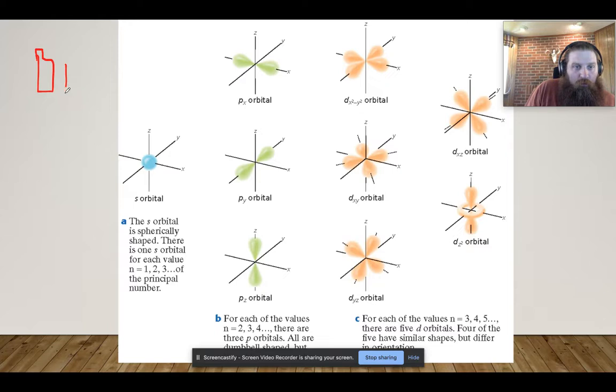There we go. All right. I know this is not to scale, but that's okay.